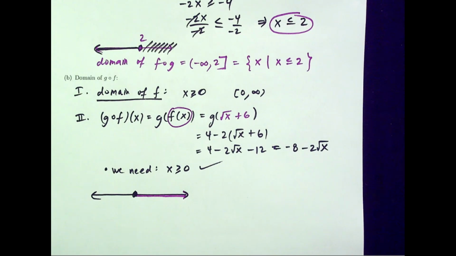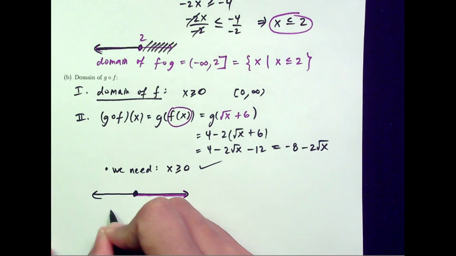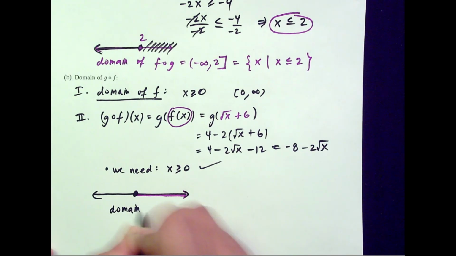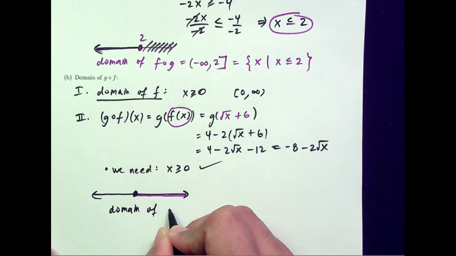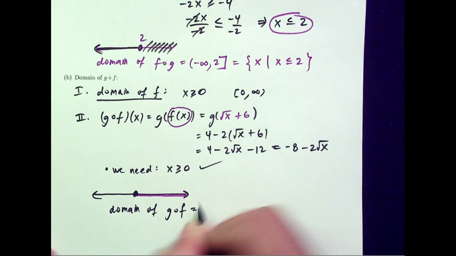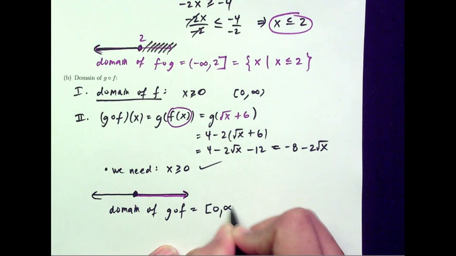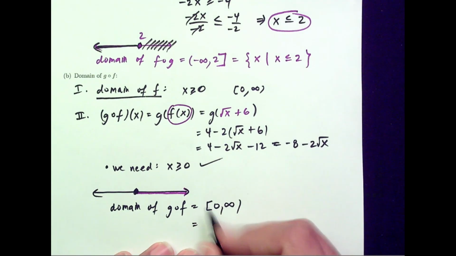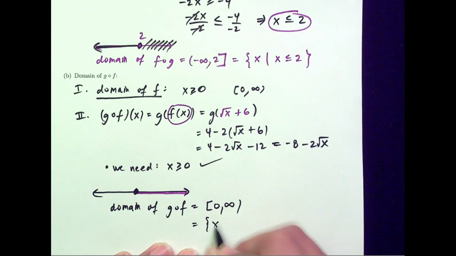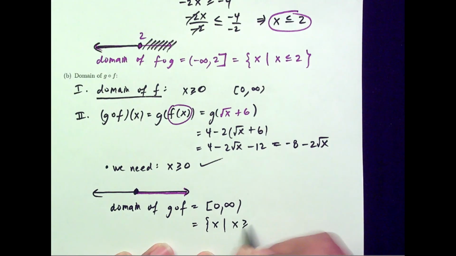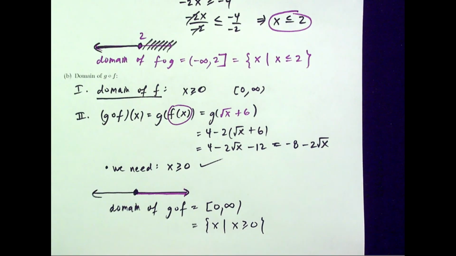So the domain of G composed with F is going to be, in interval notation, bracket 0 to infinity, and in set builder notation is a set of all x's such that x is bigger than or equal to 0.